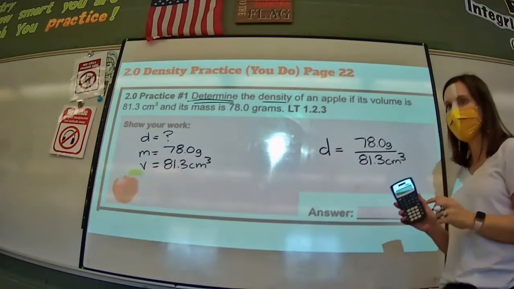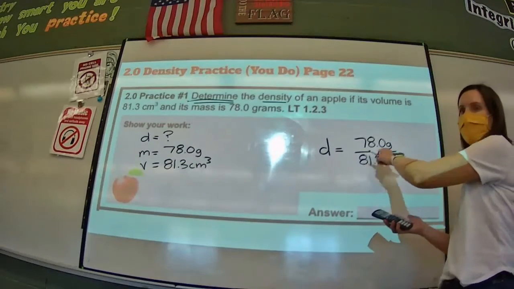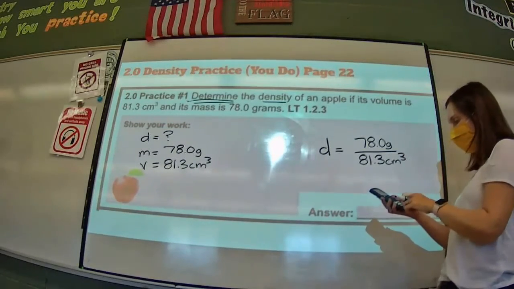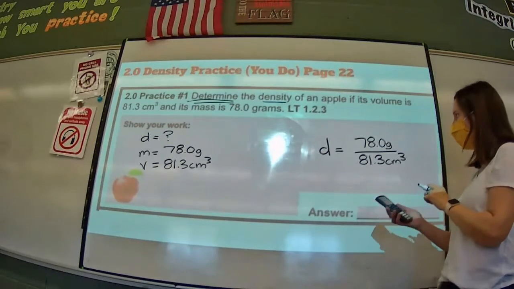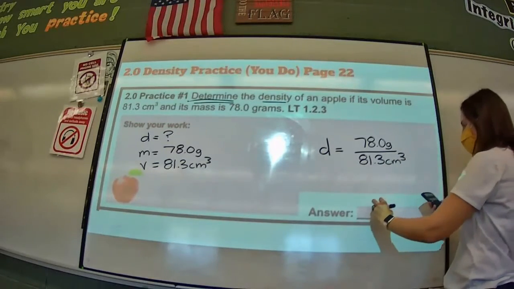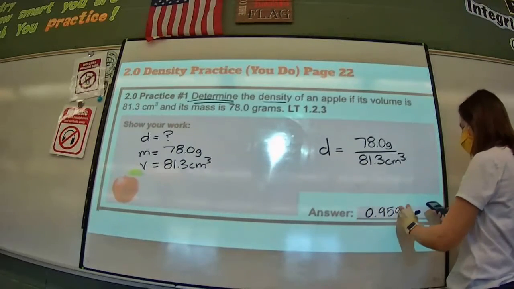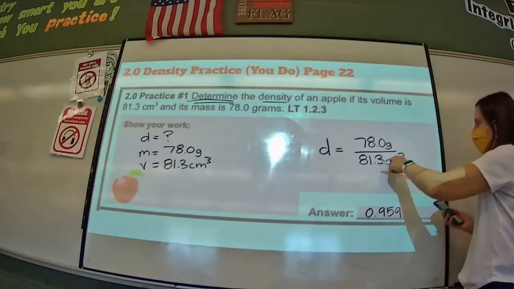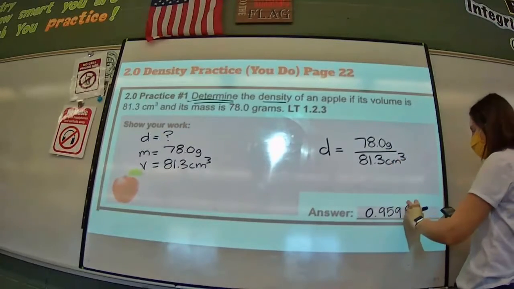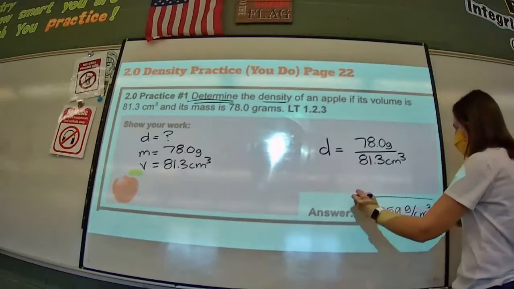I'm going to type 78, click divided by, because the line means divided by, 81.3. When I do that and hit enter, what I'm going to get is 0.959 for my answer, and then my units are going to be grams divided by centimeters cubed. So there's the answer to the first practice.